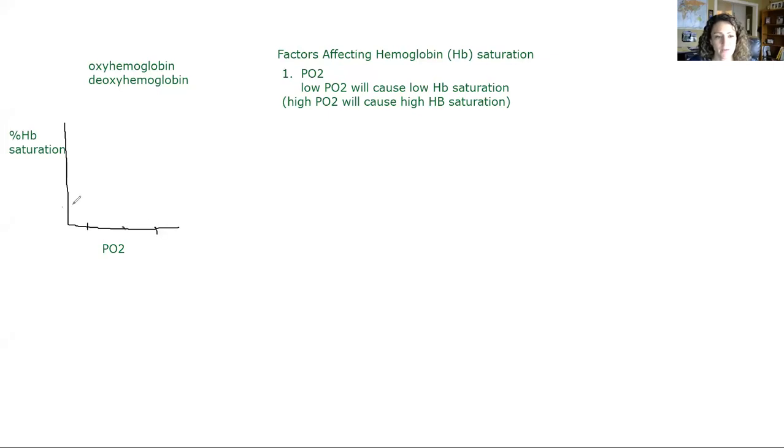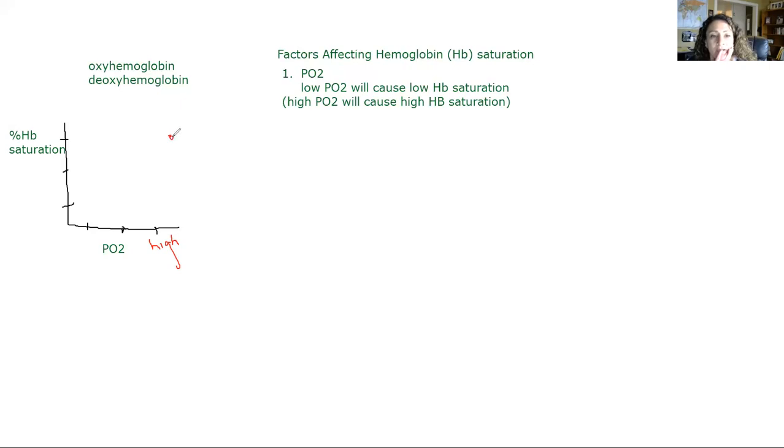I'm not going to write that here because it's a pain to do that, but on yours that you're writing, please write low, medium, high for each of these. Then we'll draw a curve. So when PO2 is high, where would saturation be? High, medium, or low? High. So I'm going to put a point right there.